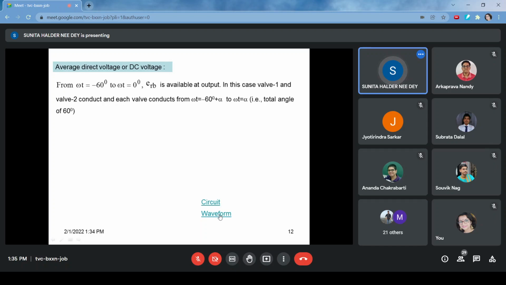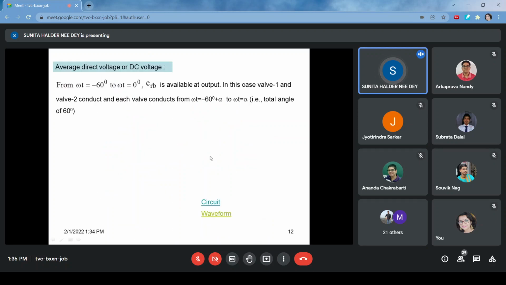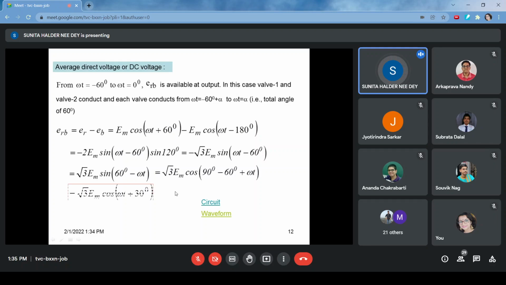We have to find the expression of DC current and DC voltage in terms of AC quantities. So here in the waveform, you see from -60 to 0 degree ERB is available. So what will be the DC average voltage? It is the integration of this ERB over the cycle, twice pi, using the equation of average voltage.